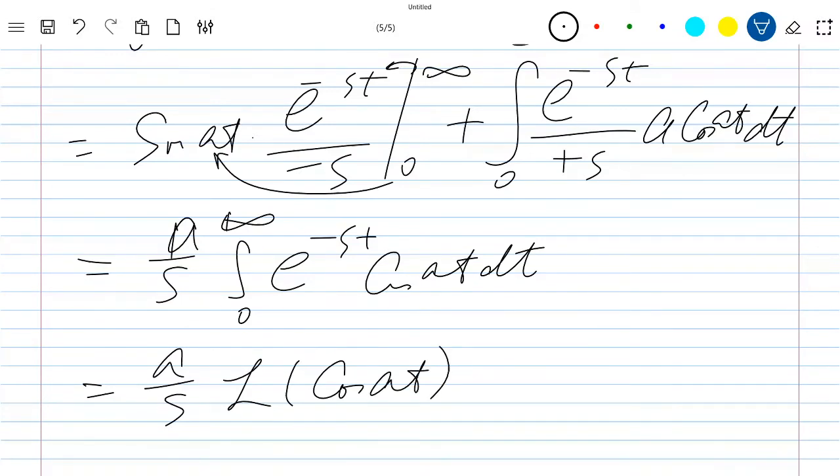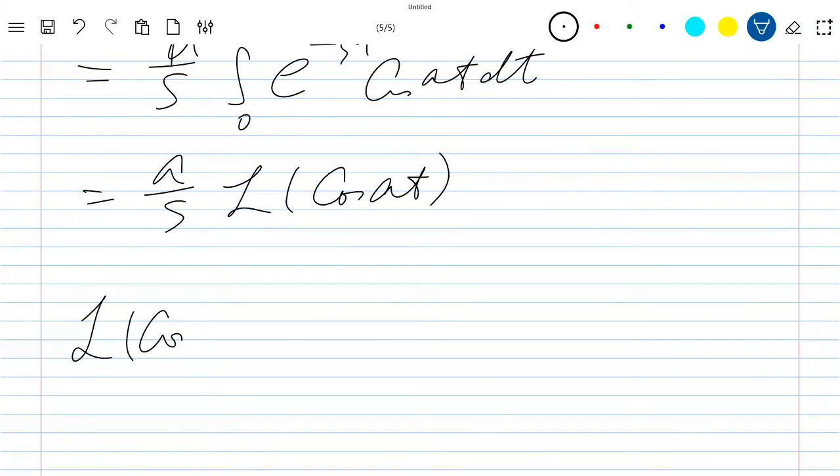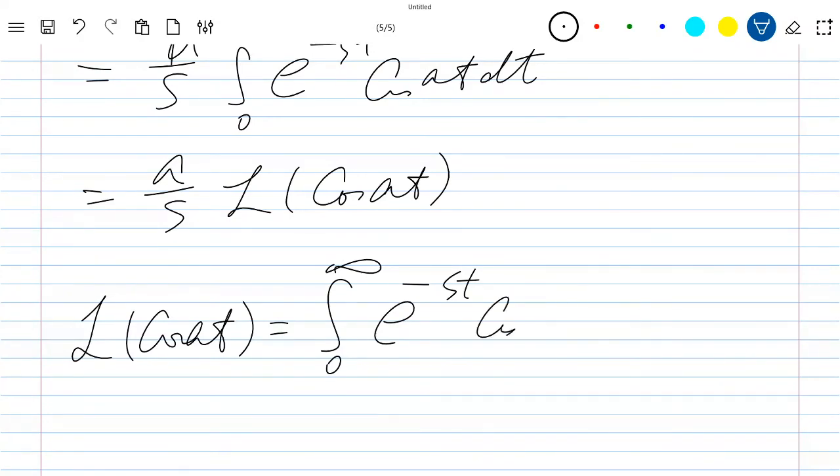Well, there's a little problem because we don't know what L of cosine at is, but we know we will go back to sine of at. So let's do it this way. L of cosine at equals, what is that? Cosine at.